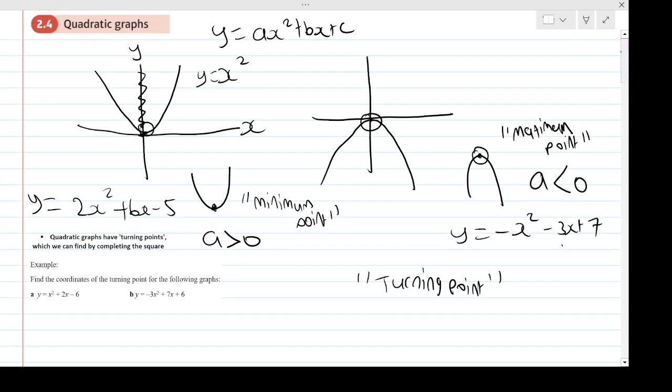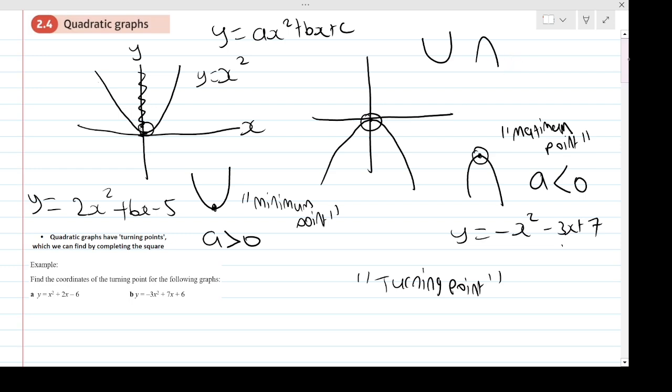Because we can actually study this in more detail with the knowledge we have. So, every quadratic will have a turning point, obviously, because every quadratic will either have a smile shape, remember, if the coefficient of x squared is positive, or a frowny shape when the coefficient of x squared is negative.